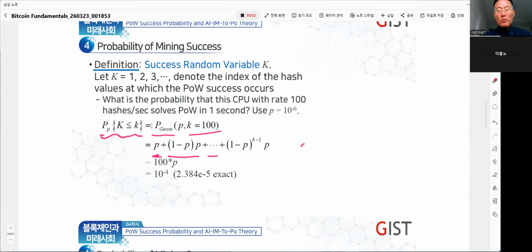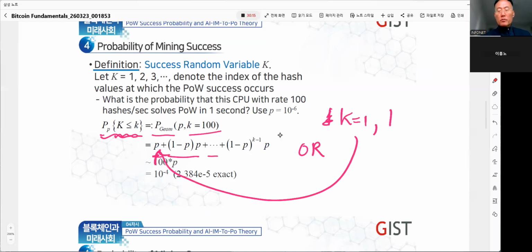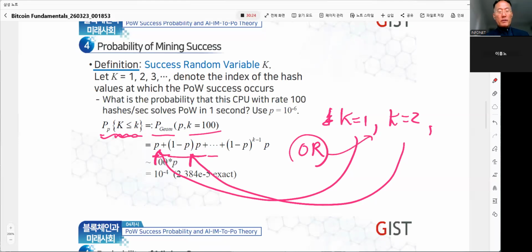So this is an OR operation, because this includes the k equals 1 event, which is this one, the k equals 2 event, which is this one, and so on. And this is an OR operation because it is a union of such sets.